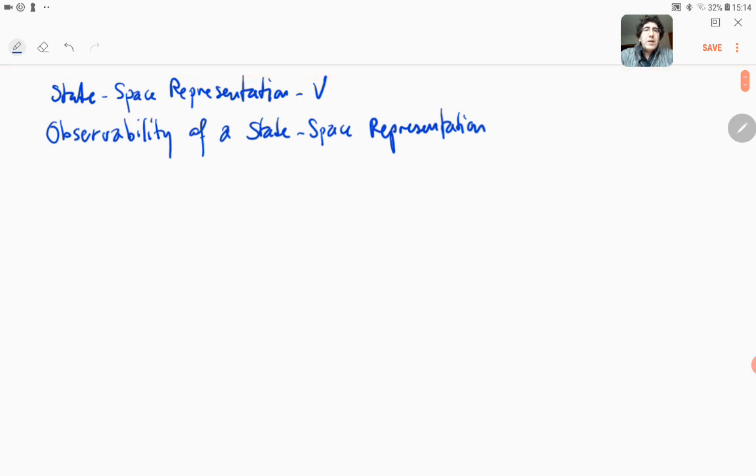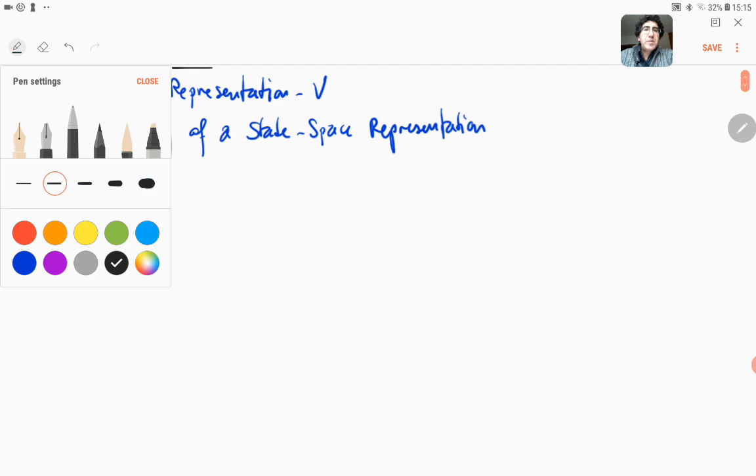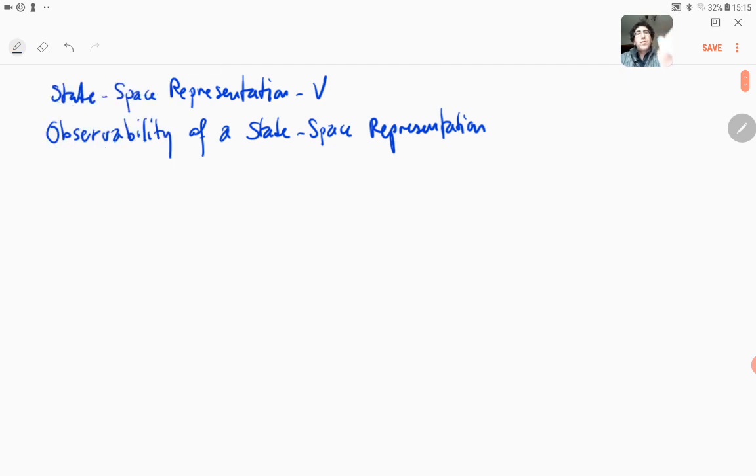Now observability will be a complementary property, and it's going to be roughly related with whether an initial state is actually visible at the outputs given enough time. Loosely speaking, let me make a verbal definition first, and then we will have the formal definition of observability.